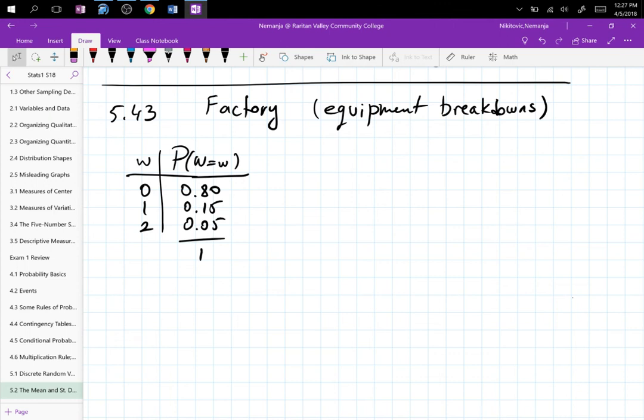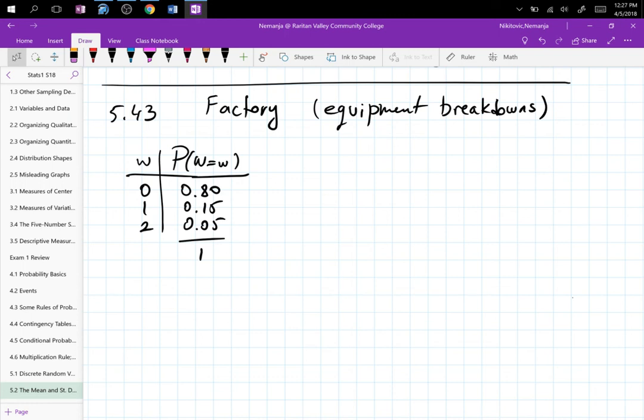It's a discrete random variable, the amount of broken equipment per day. And you can use this to obtain the expected value. What do you expect? How many breakdowns do you expect per day?